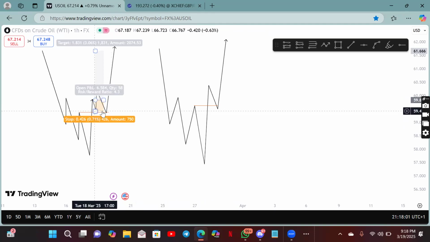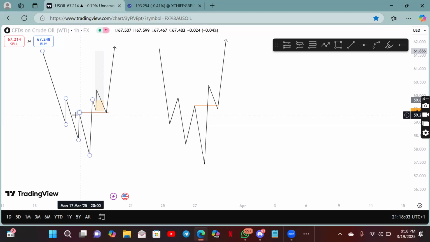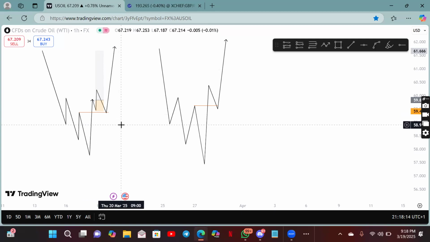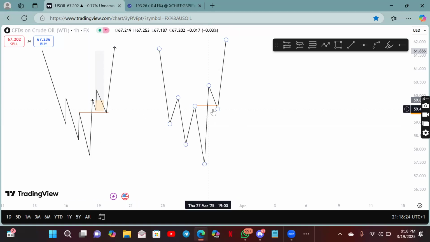Once you see it, what you'll be targeting now is the next POI. So this breaker block now becomes the next POI that you'll be targeting. Any trade that you target that you see liquidity on tends to play out more of the time. Because if you don't see liquidity on this particular pair and you take it, you might end up being the liquidity.